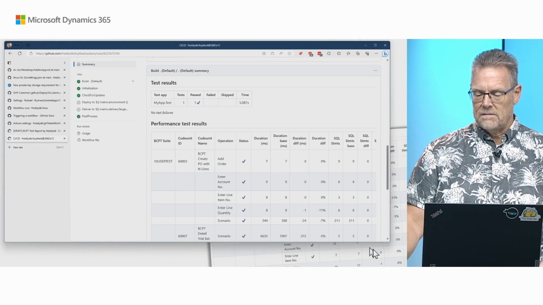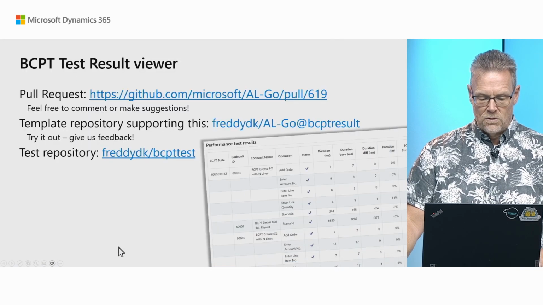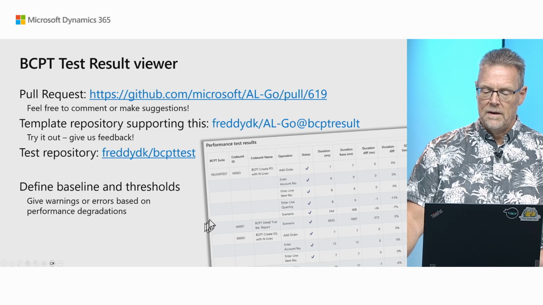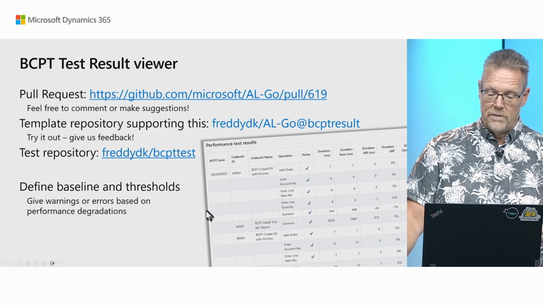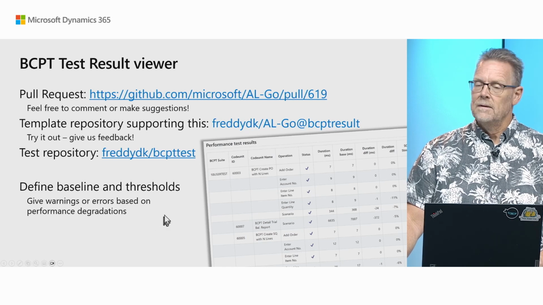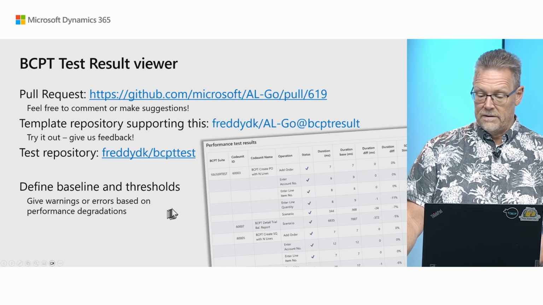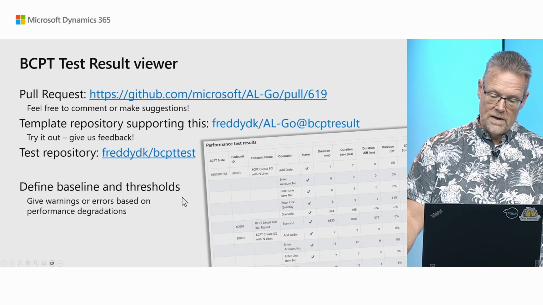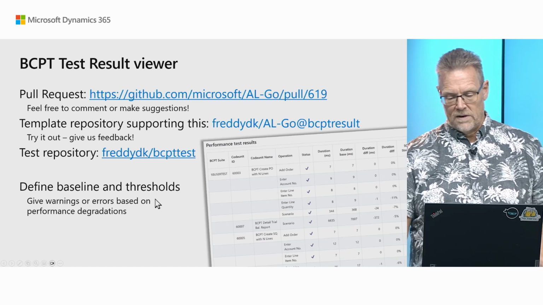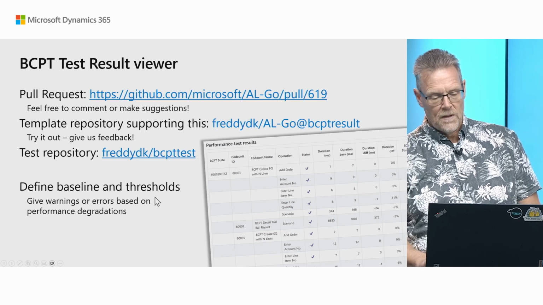But let's give us some feedback on whether this would be a good addition. You can define baseline and thresholds in files in your repository, and then it automatically runs the performance tests and gives you the results after either a CI/CD build or a next minor or next major or a test current build or whatever. And you can schedule those, of course.